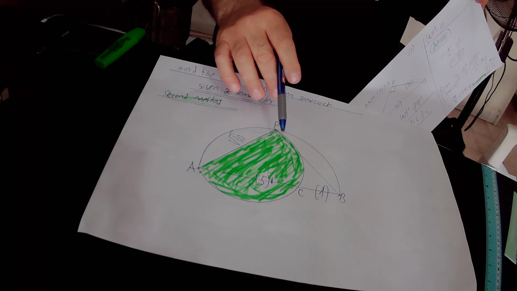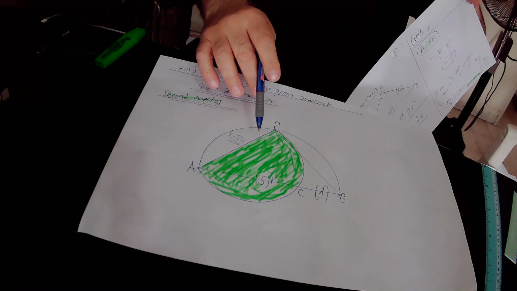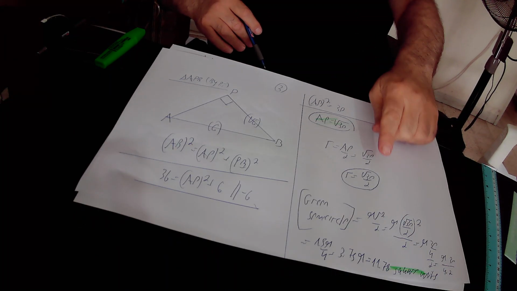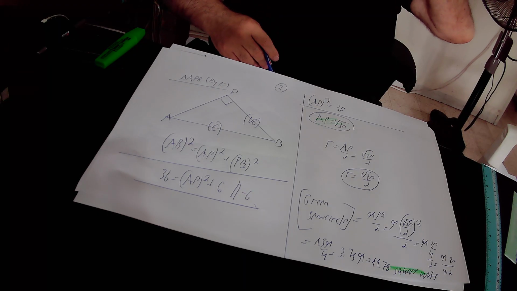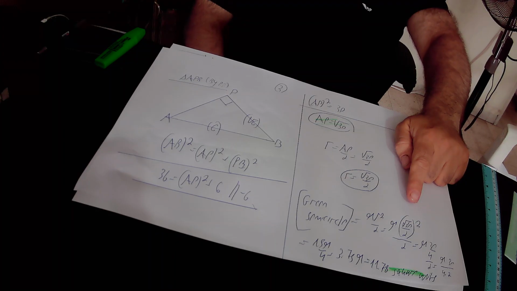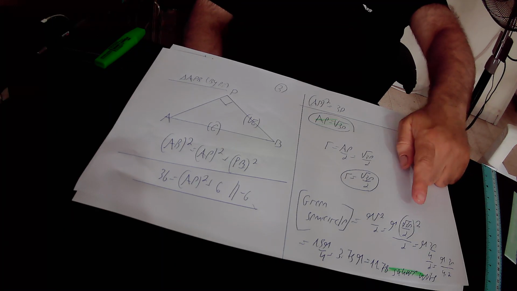The area of this green semicircle equals pi r squared over 2. So it is pi, r is the square root of 30 over 2, therefore r squared is the square root of 30 over 2, squared, divided by 2.